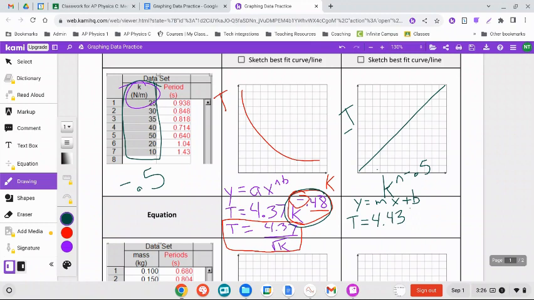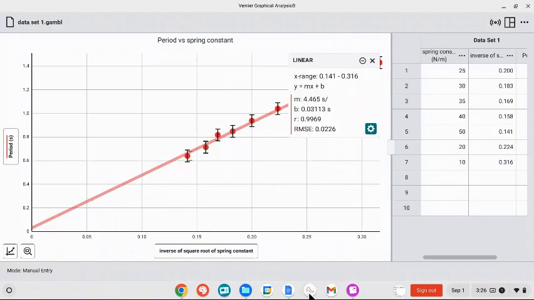And we'll say spring constant to the negative 0.5 power. And we had some small, I think, y-intercept. I'm going to have to go back and look at that because I don't remember what that was. Oh, it's 4.47. Okay, so B is, we'll go 0.03.